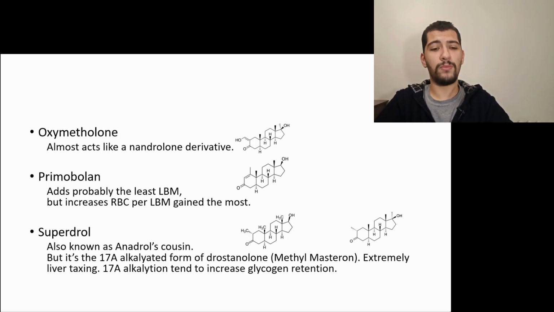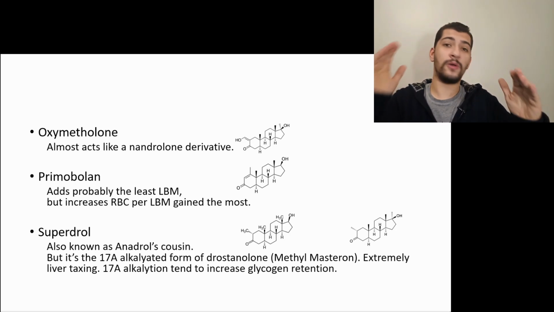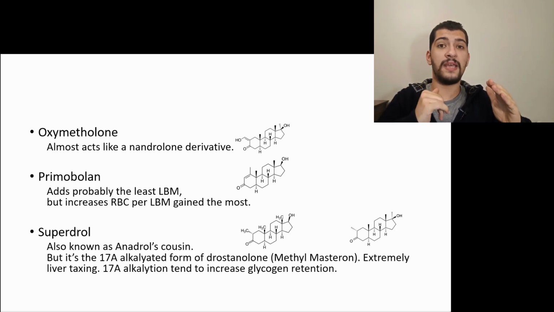And we have primobolan, probably with the least lean body mass you can think of, but it probably increases the RBC count highest among the injectable drugs per the lean body mass you gain. So it probably has the highest RBC to lean body mass gained ratio.